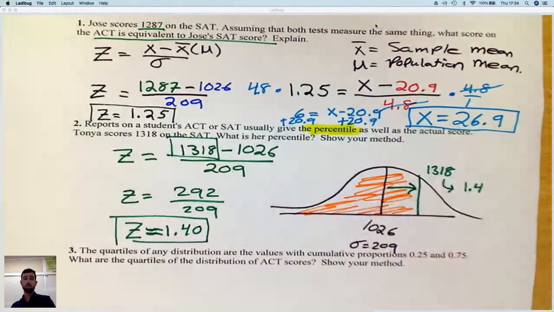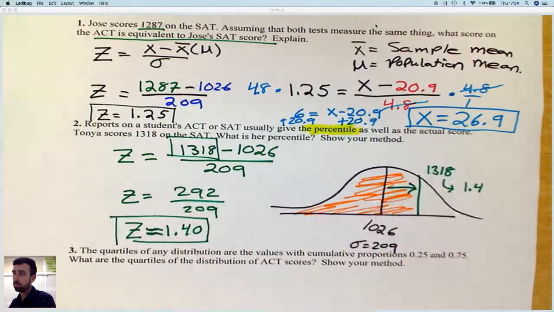So I'm going to bring something new, something that probably is going to be your best friend. And this right here is your Z table. So I'm going to cover this up real quick. It tells you the probability or percentile of the students who fall below that number, or data points that fall below that number. You can also use your calculator, which we'll do in a second. But for right now, we're going to use our table.